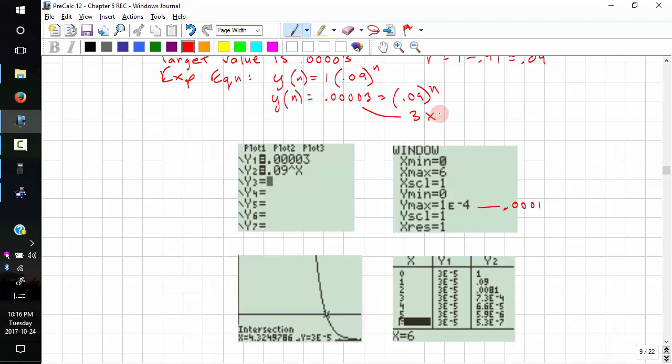So this is 3 times 10 to the minus 5. So if we use our graph, we can solve it this way. And we get 4.3. And down here, to get to 3 times 10 to the negative 5, this is not quite enough. This is enough.